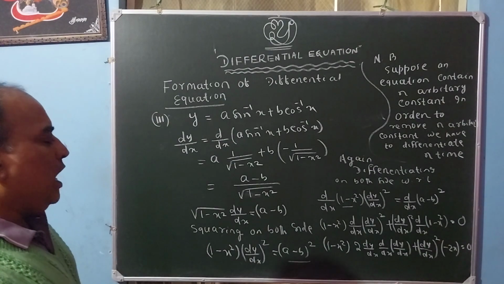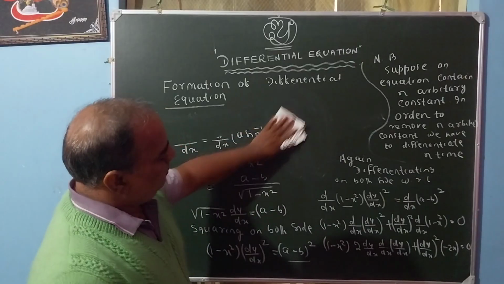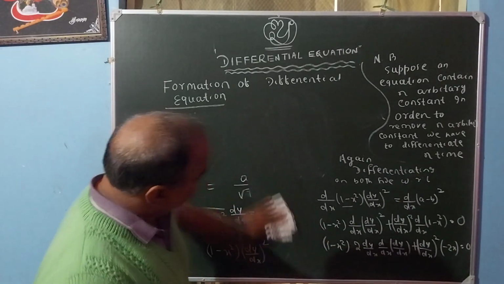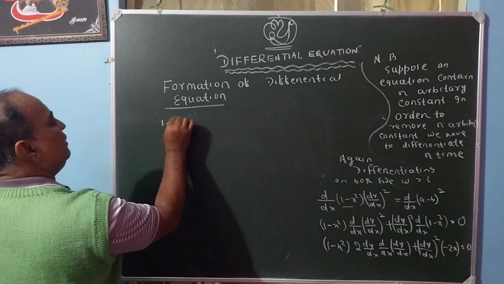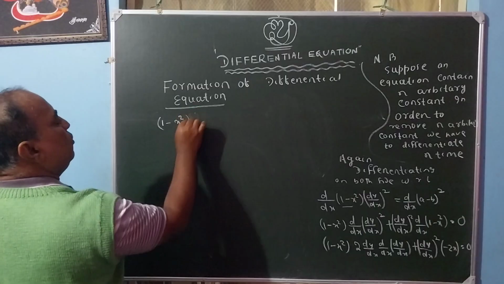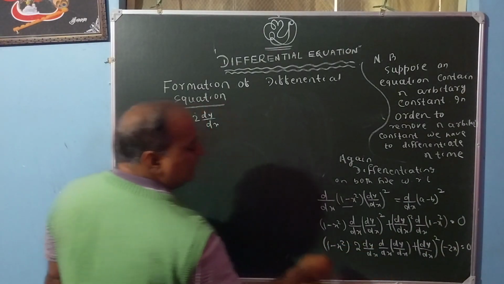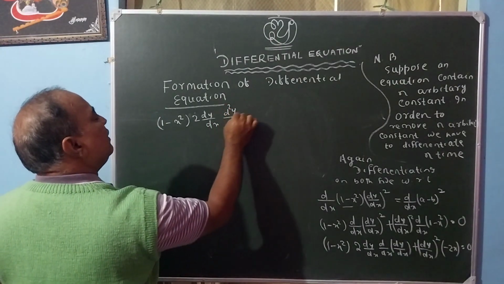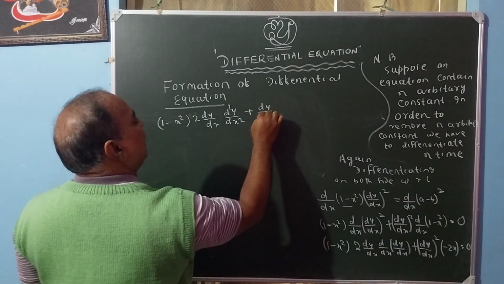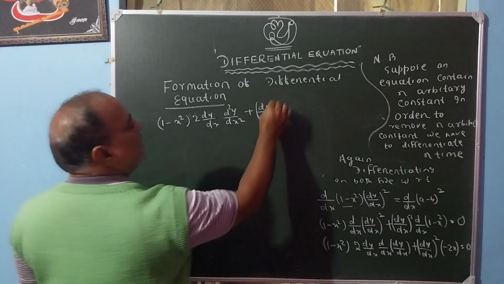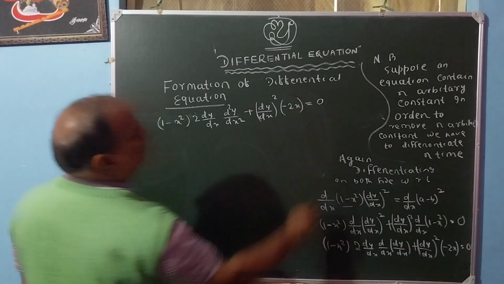So now you see here, (1 minus x square) into 2 dy/dx into d/dx of dy/dx, that is d square y/dx square, plus (dy/dx) whole square into minus 2x is equal to 0.